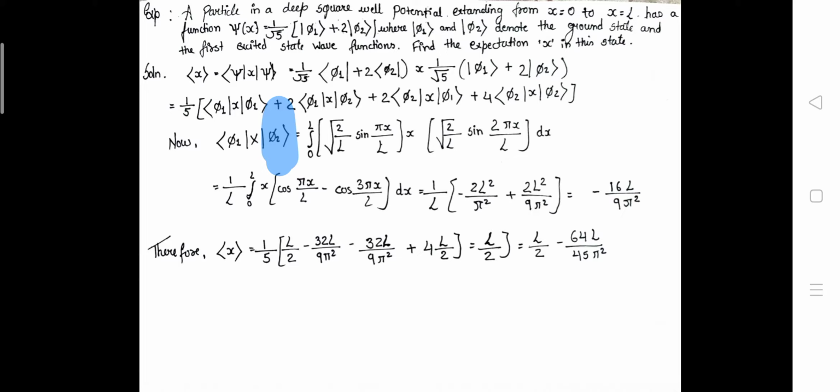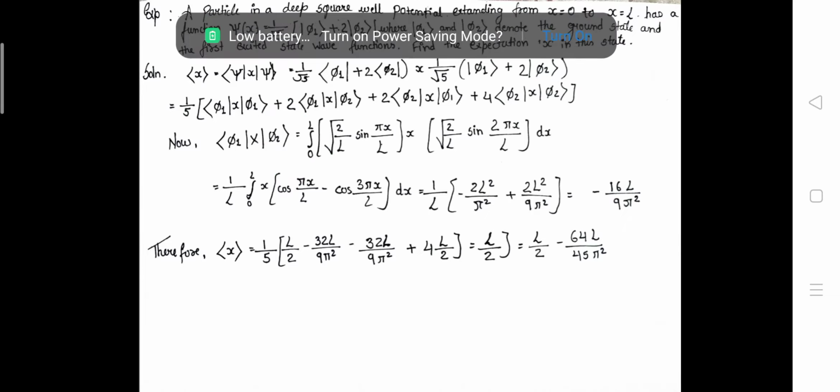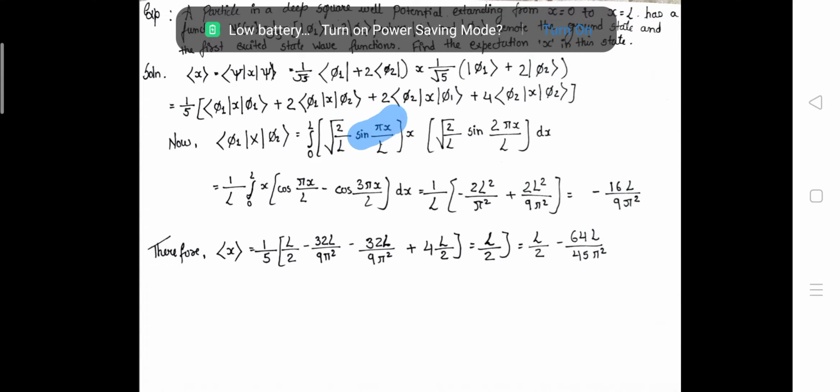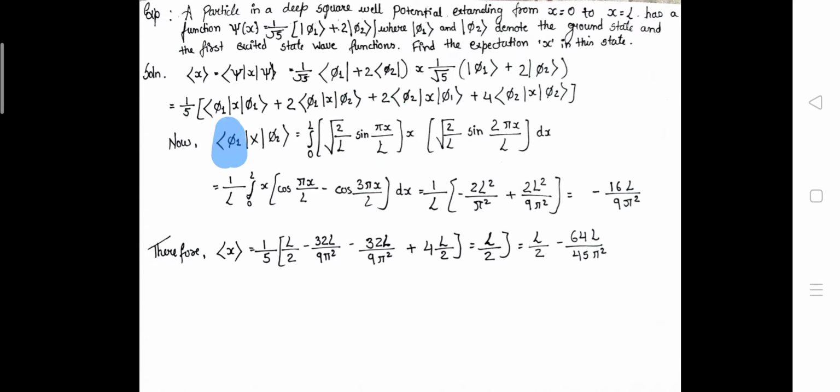Between, we have x because we are going to find the expectation value of x, and this will be the wave function for phi 2, which will be root 2 by L sine. Here we will have the value of n as 2 because we are going to consider phi 2, which is the state of 2. So we will get under root 2 by L sine 2 pi x upon L dx.